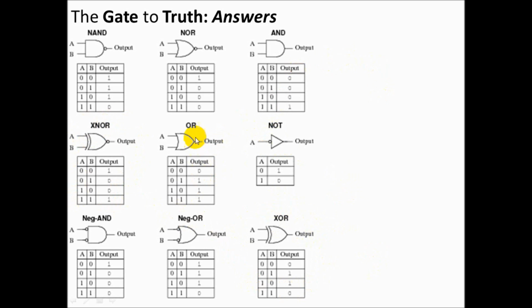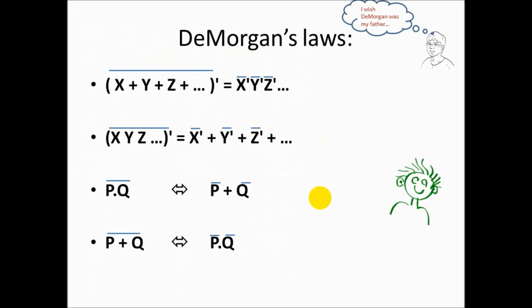But if you can remember the simplest ones, the NAND, NOR, AND, XNOR, OR, NOT, those are the main ones. Okay, try to learn those off pat, be able to sketch them in your mind or down on a piece of paper. We're going to look at something called De Morgan's laws.